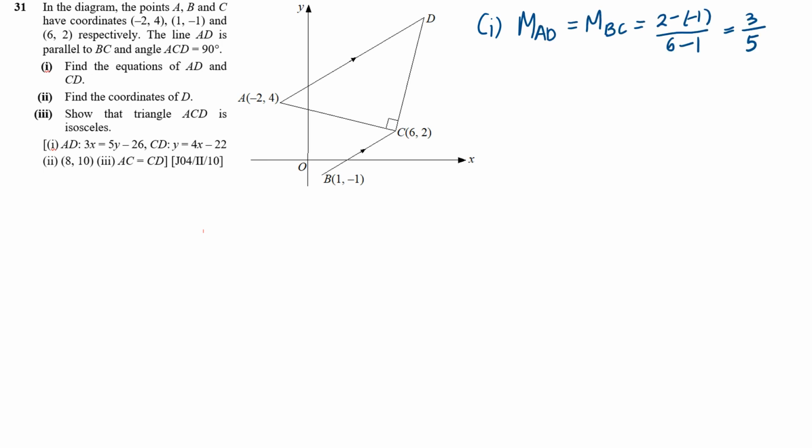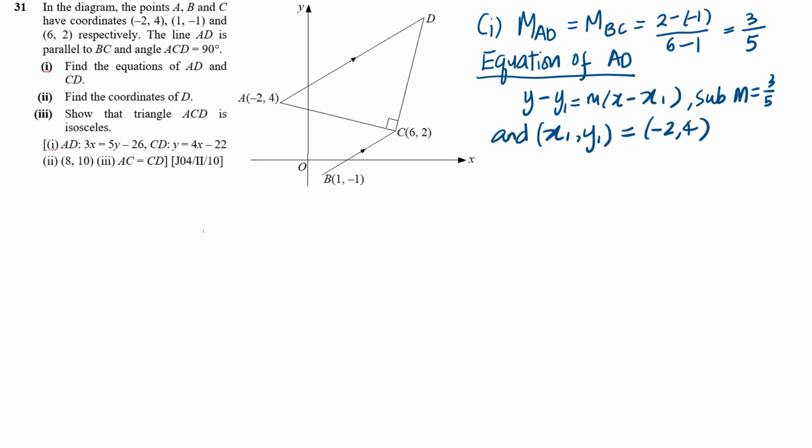Because the line AD is parallel to the line BC, they have the same gradient. So we can find the gradient of BC using y2 minus y1 over x2 minus x1, and that will give you the gradient of AD. To find the equation of AD, you can make use of this formula here.